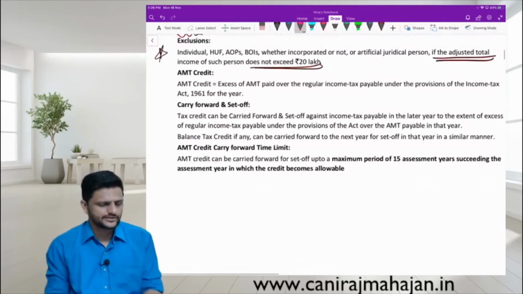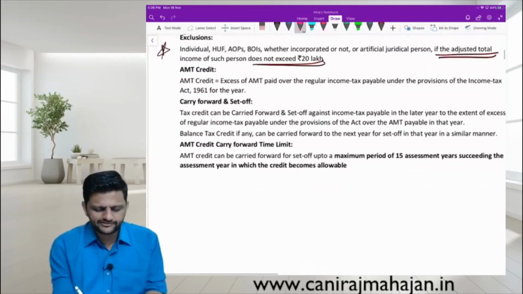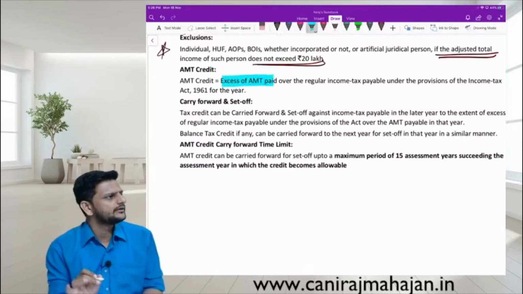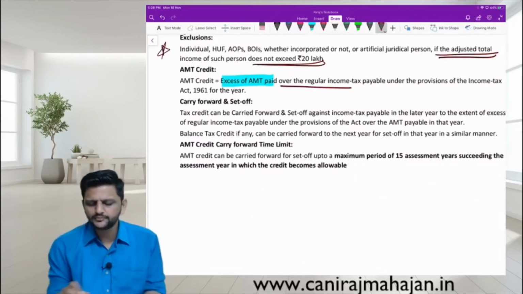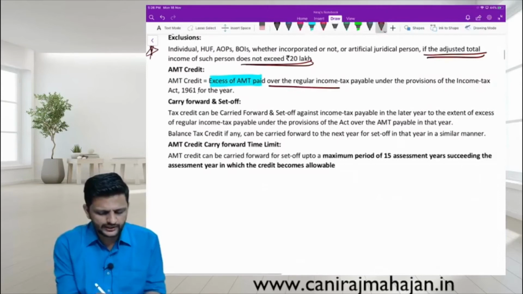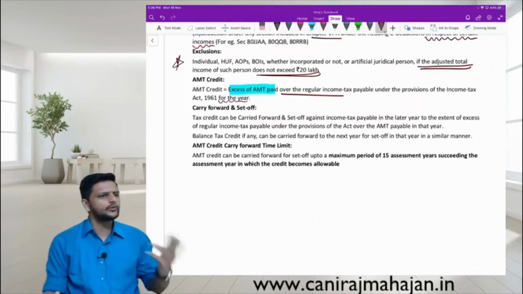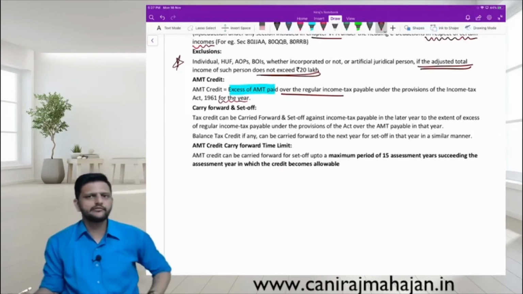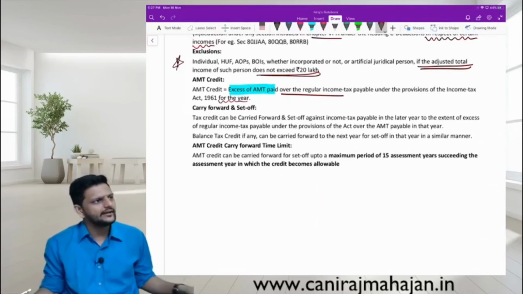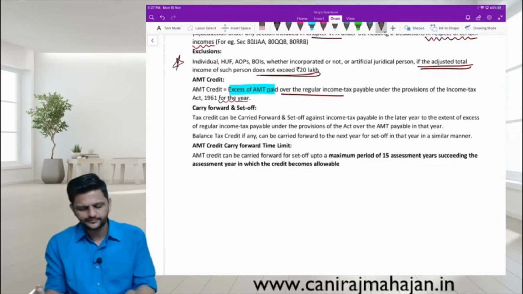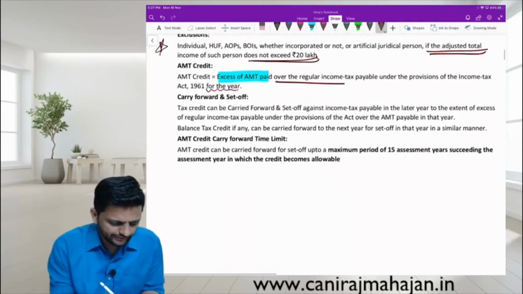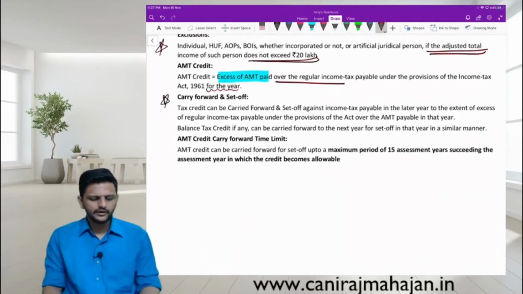Understood? Credit, pay attention now. It is the excess of AMT paid over regular income tax payable for the year. Underline this, for that year. So in which years will AMT credit always generate? Whenever regular tax is less than AMT. Carry forward and set off, important.